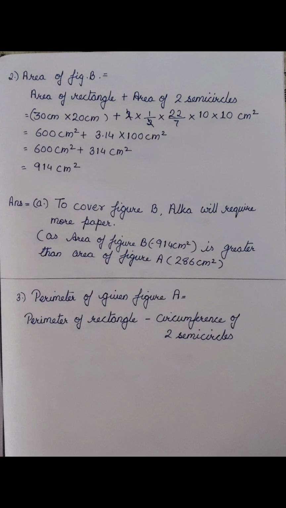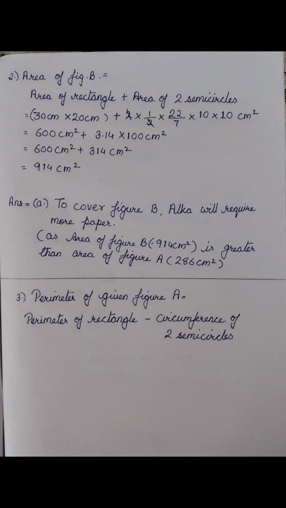Pi is 3.14 into 100 centimeter square. So I have to add this time. 600 centimeter square plus 314 centimeter square will give me 914 centimeter square. So to cover figure B, Alka will require more paper, as the area of figure B is 914 centimeter square, which is greater than the area of figure A, which is 286 centimeter square.